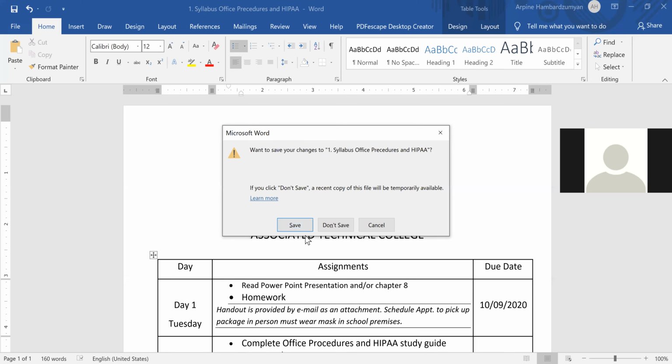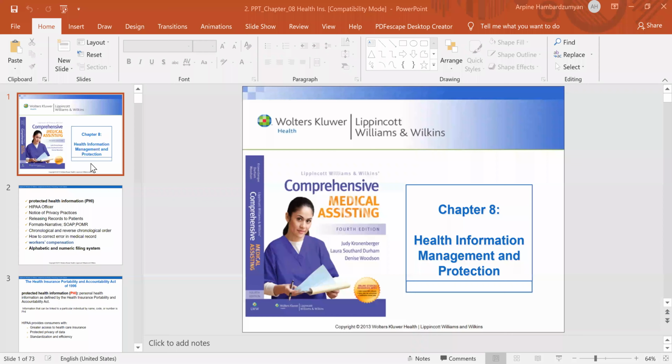So I want to tell you that HIPAA is one of the most important modules for a medical assistant, because if you go to the American Medical Assistant website and open the table, there is a special chart that tells about medical assistant jobs and duties.